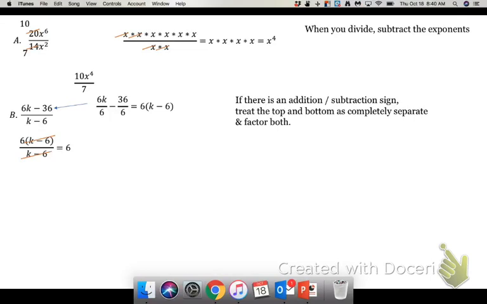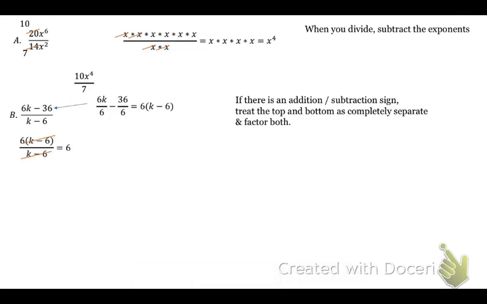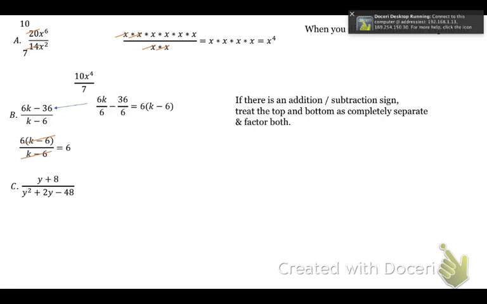Okay, now, let's see. So C, we have y plus 8 over y squared plus 2y minus 48. The top is already factored, but we can factor that bottom. Top number is negative 48. Bottom number is positive 2.